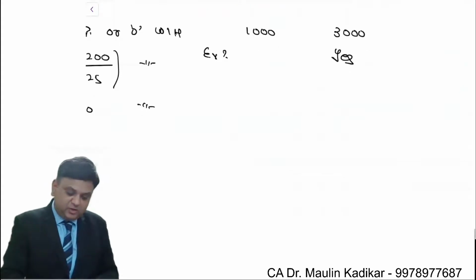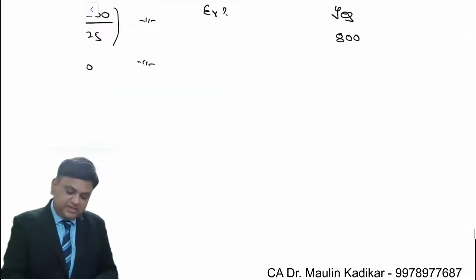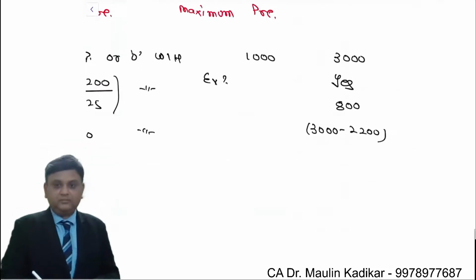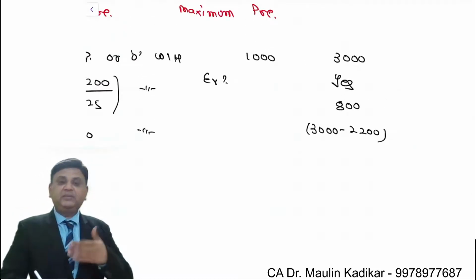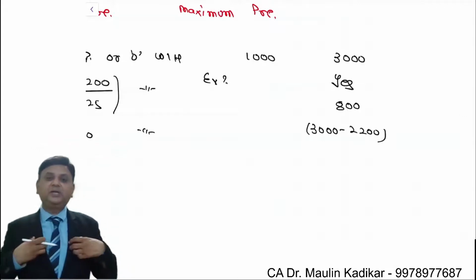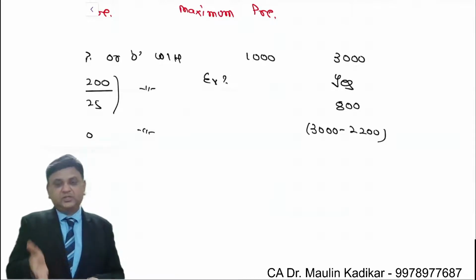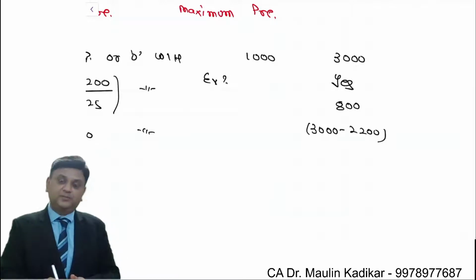What is the amount of my liability? 800. How is this 800 calculated? It is 3000 minus 2200. This is the liability which I have if the option holder exercises his right. In no case my liability will be more than this. Again, this liability is going to be there at the end of the year.